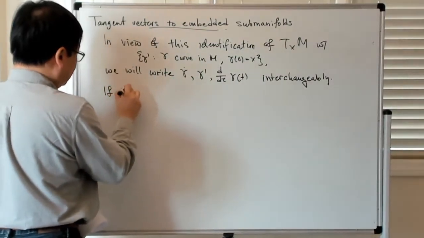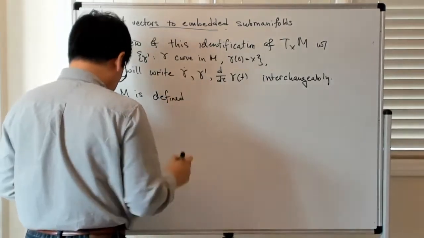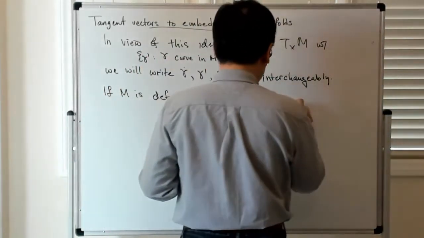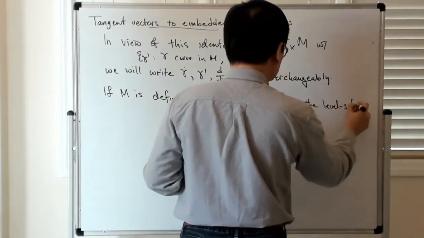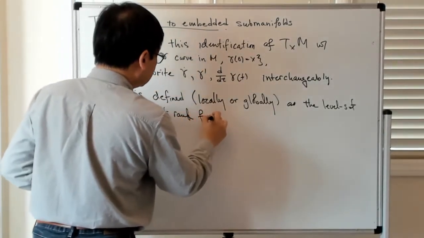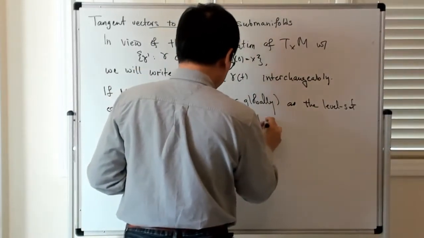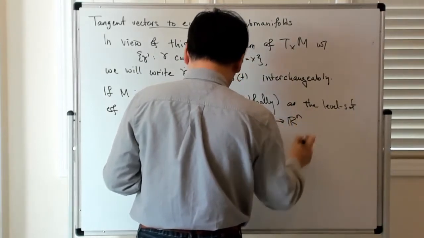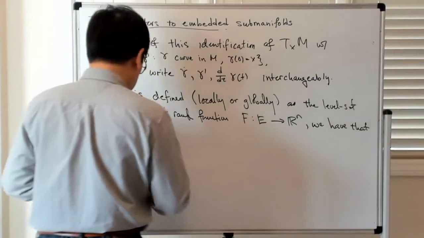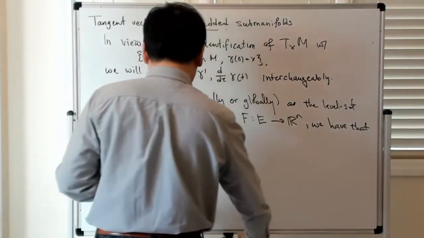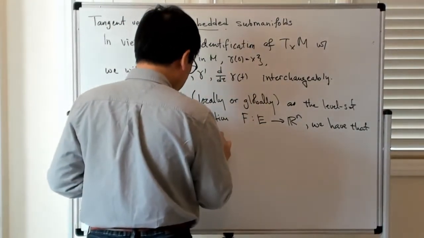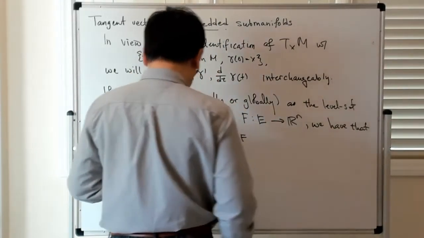So if M is defined, either locally or globally, as the level set of a constant rank function F, which maps from say a vector space to Rn, okay, then we have that the tangent space at x of M is equal to the kernel of the differential of F at x.